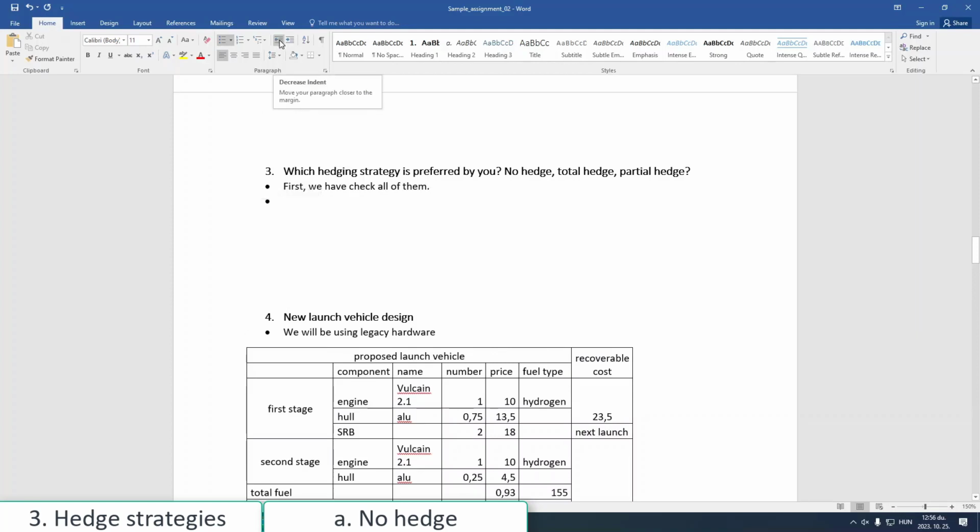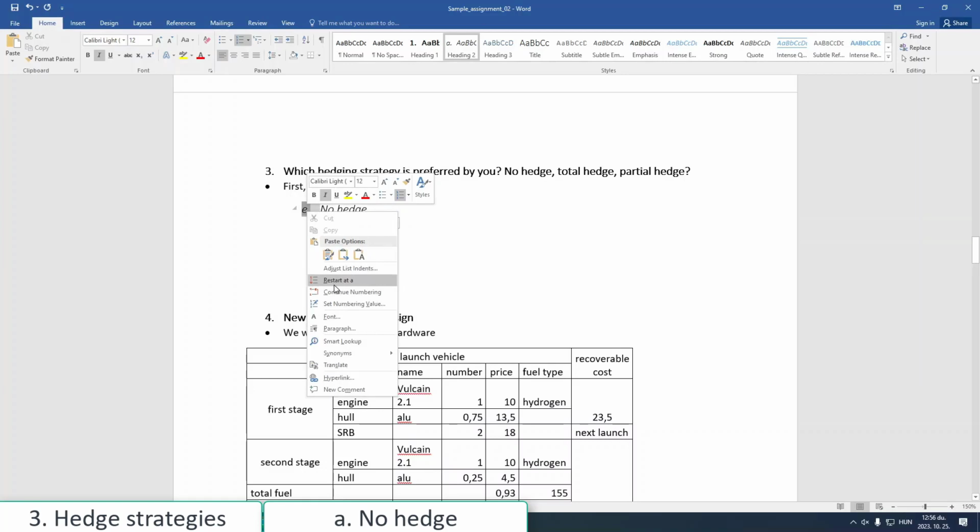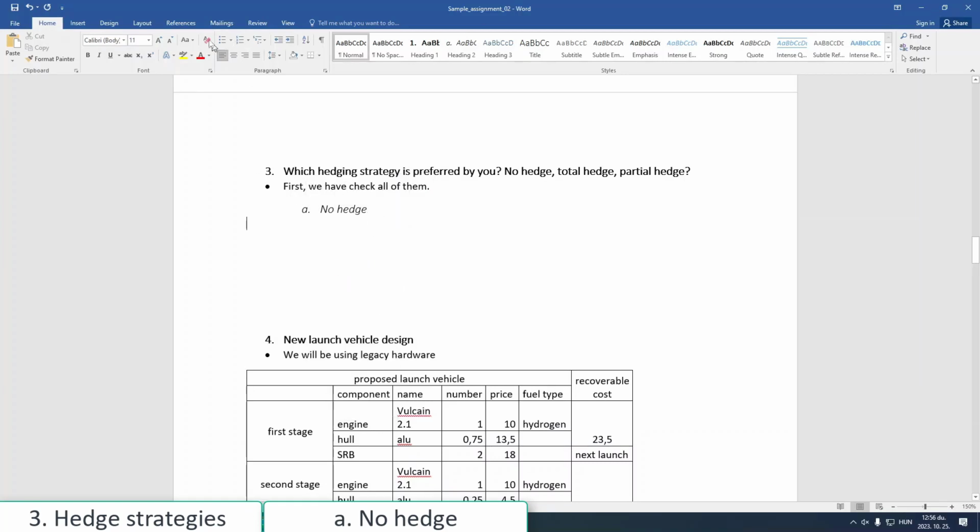So, no hedge. This is started, according to the optimistic and pessimistic scenarios.